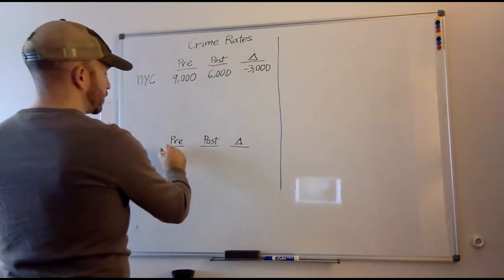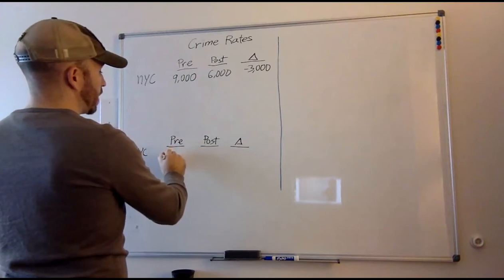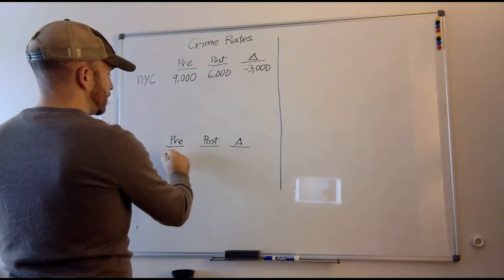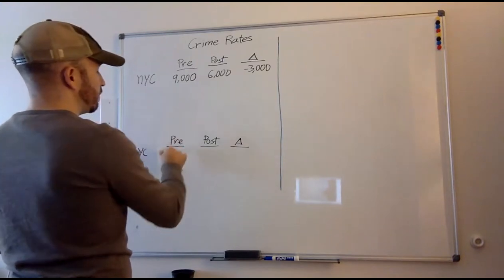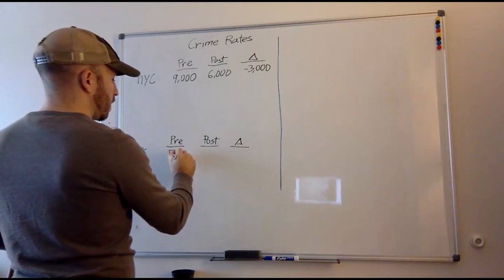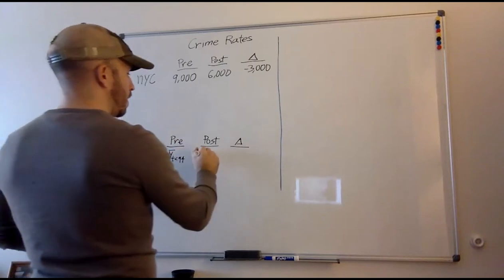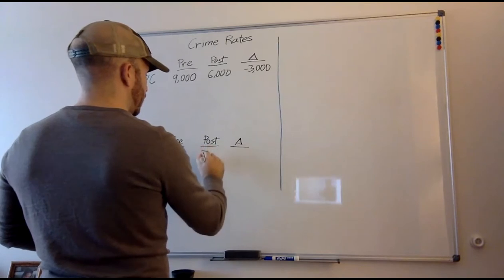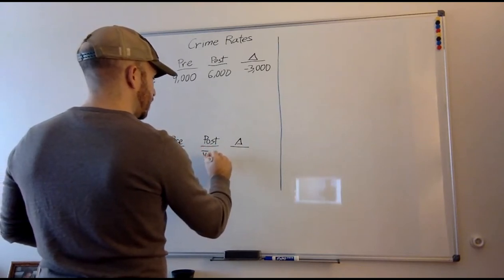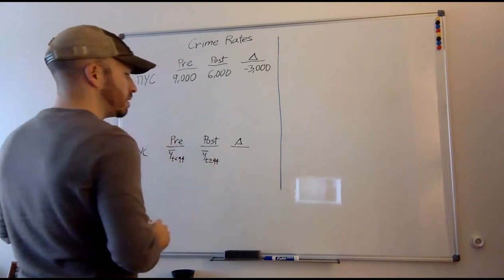I'm going to look at the average crime rate, Y bar, given that T, the time period, is before 1994, and Y bar, given that T is greater than or equal to 94.